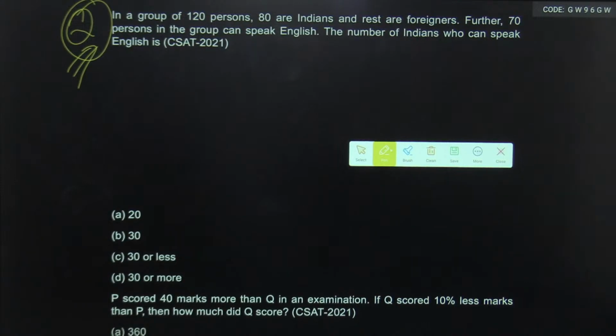Don't you think this also becomes a tree type problem, where total people, Indians, foreigners, and even in them there are two categories: who speak English and who don't speak English. So for all such problems, visualize the flow. That is half the question done.